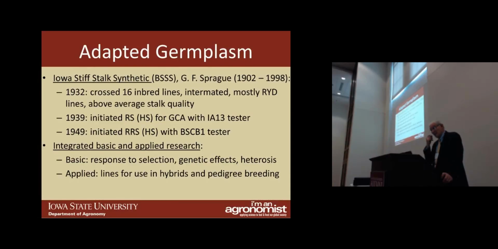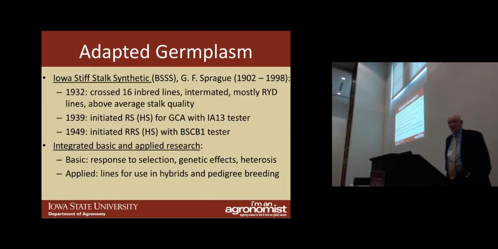And Jody Edwards, I think, is still continuing those today. But the important thing was integrated basic and applied information. We wanted to try and test the different methods of selection, whether they emphasize additive effects, or dominance, or additive and dominance, or epistasis, or anything.